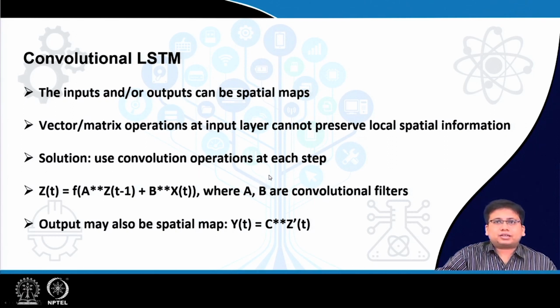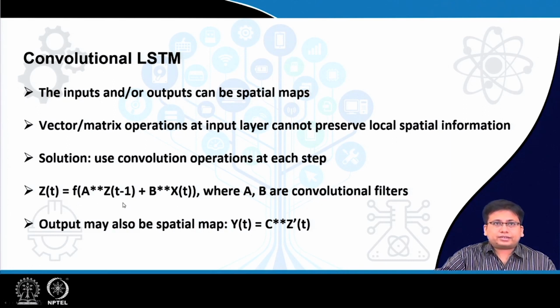As we had discussed in the last class, convolutional operations are very important for spatial data because they define some kind of interactions among the neighboring pixels. Now the solution to this problem can be to use the convolutional operations at every step whenever we are receiving an input, and accordingly the input operations can be defined in this kind of a way.